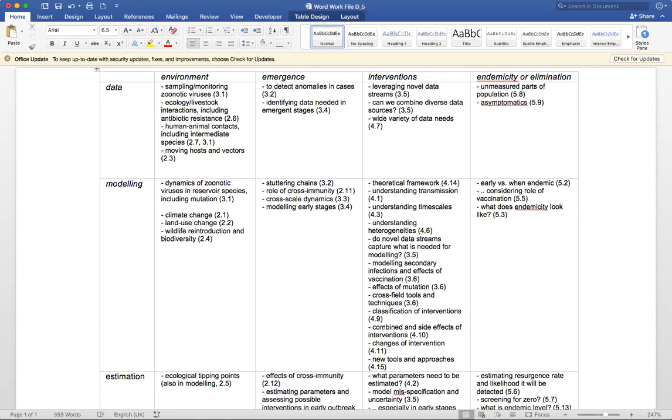And do we need the word novel pathogens somewhere then, in the second column? Presumably in the data one, in the sense that that's where it's going to start. Well, the sampling monitoring of zoonotic viruses is aimed at looking for novel pathogens, isn't it? Isn't that the point of that?